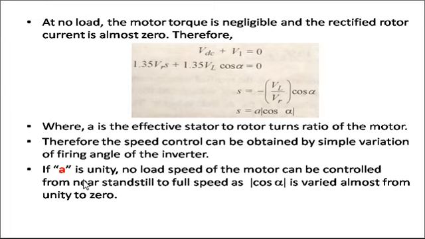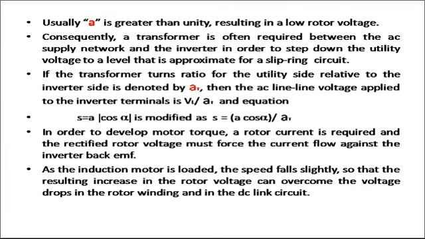If A is unity, the no load speed of the motor can be controlled from near standstill to full speed, as modulus of cos alpha varies almost from unity to 0.